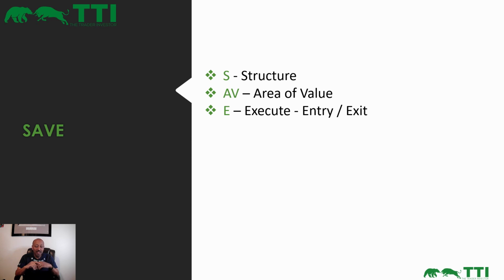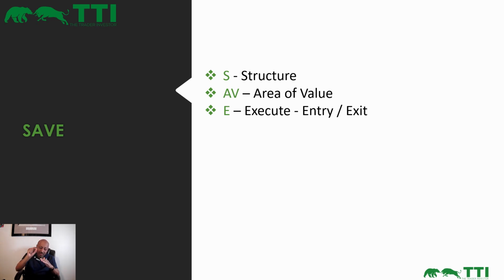And then for us, before we enter, we have to also understand what is area of value. Area of value means, in a structure, is price giving us an entry opportunity? We never want to chase. If price is going to continue to go up, we don't want to buy at the high.